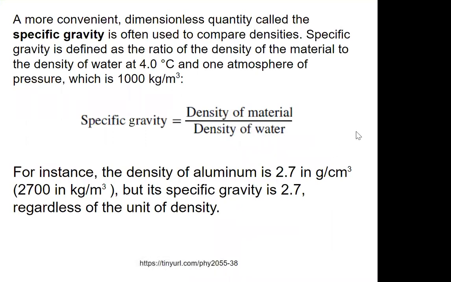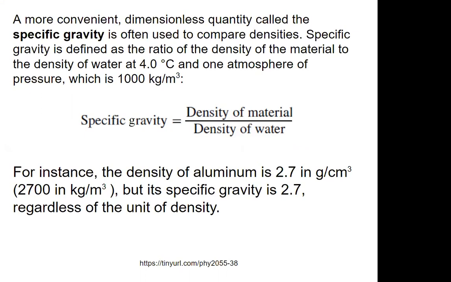Now, another term you might hear often is called specific gravity. That's the ratio between the density of a certain material and the density of water at 4 degrees Celsius. At 4 degrees Celsius, water has a density of 1 gram per centimeter cubed, or 1,000 kilograms per meter cubed.